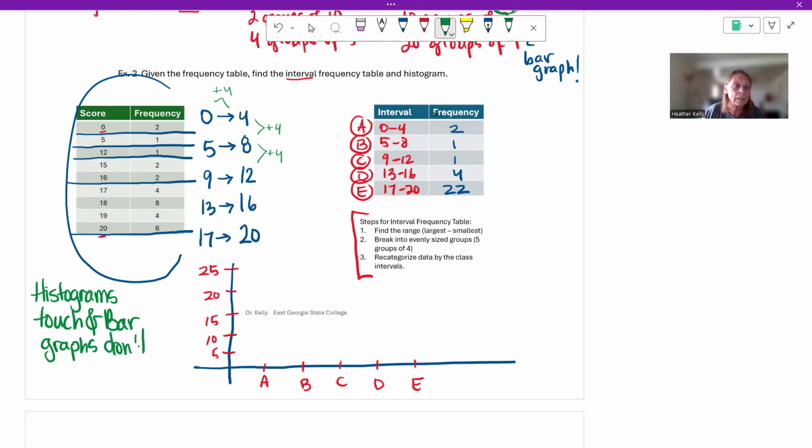And the reason why histograms touch is because a histogram shows a range from this value to that value, where a bar graph just shows one value and how many occurrences at that one value. So that's why a histogram has to touch. Okay, so let's get started here.